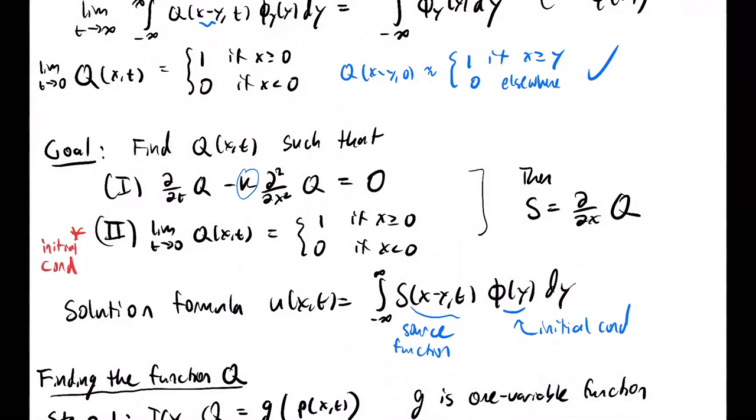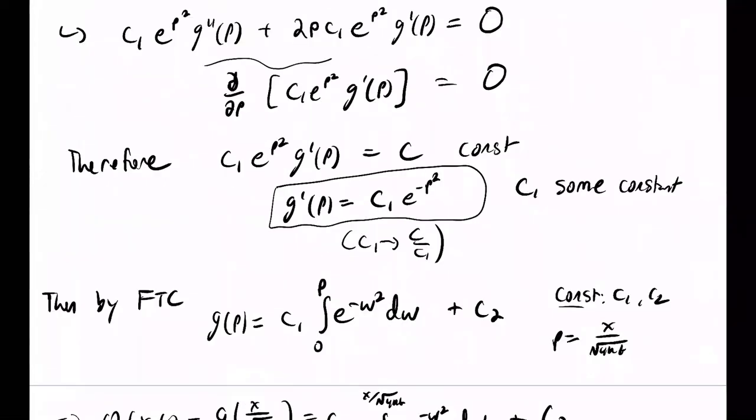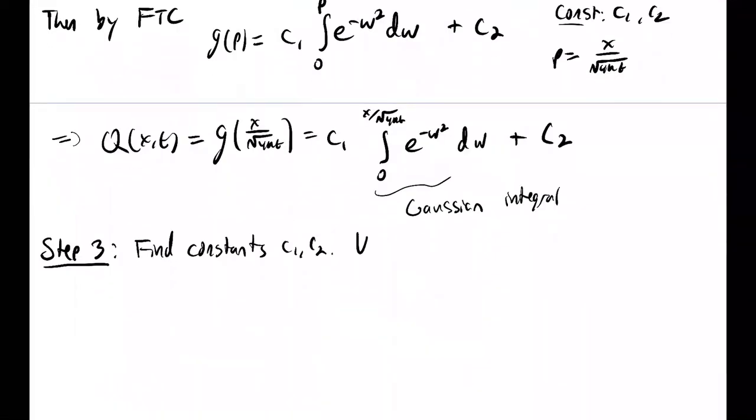And so we're going to use these initial conditions from point 2 to find the constants. So what I want to do is use the conditions from 2.